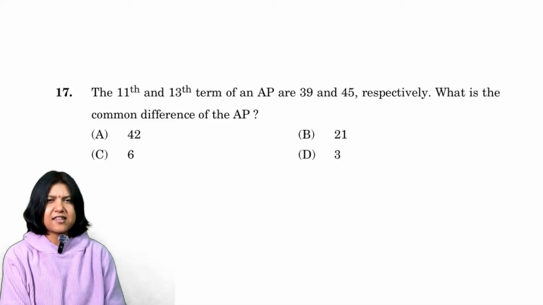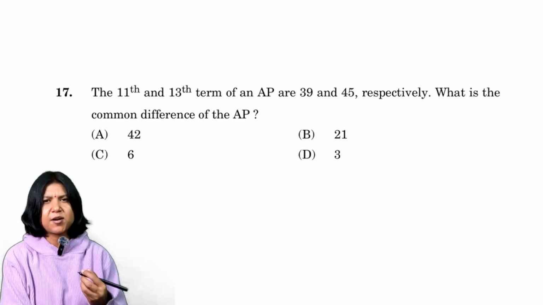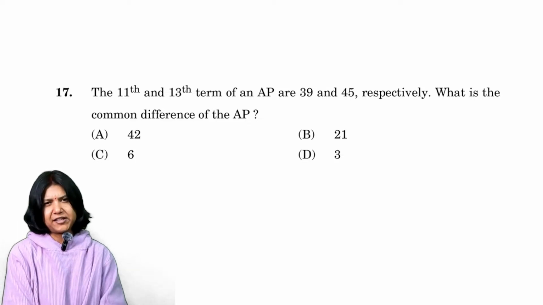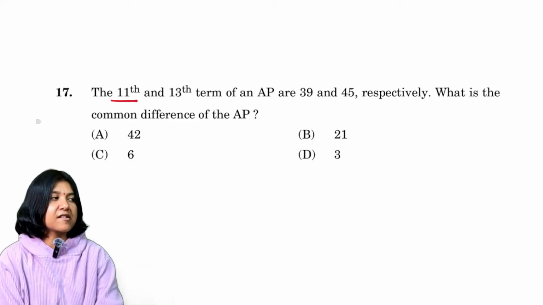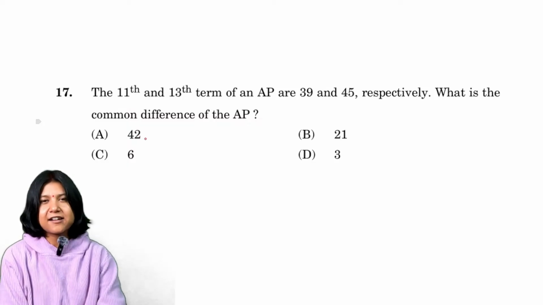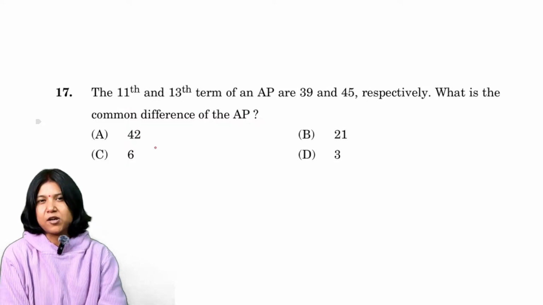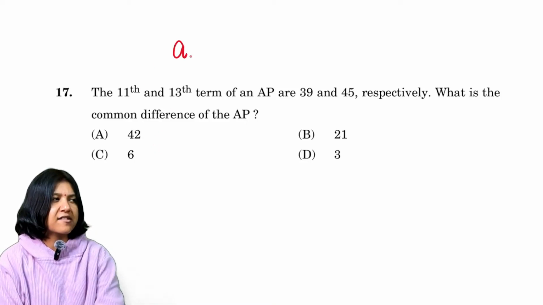Now, yes, there are multiple ways you can do this question. The 11th term is given to you and the 13th term is given to you. Because they are asking me to find the common difference, here is my way of doing it. Any term of the arithmetic progression is represented by taking the first term and adding the difference for one less than the position you want to go. The logic is you always start from the first term, A, so to reach the second term, you add the difference once.